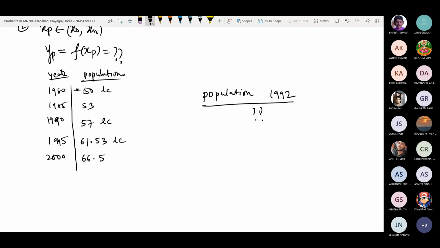To make the guess very close to the actual value, because population will not be increasing or decreasing very rapidly, it will be increasing in a certain manner, you can interpolate these data points and get a very reasonable value.